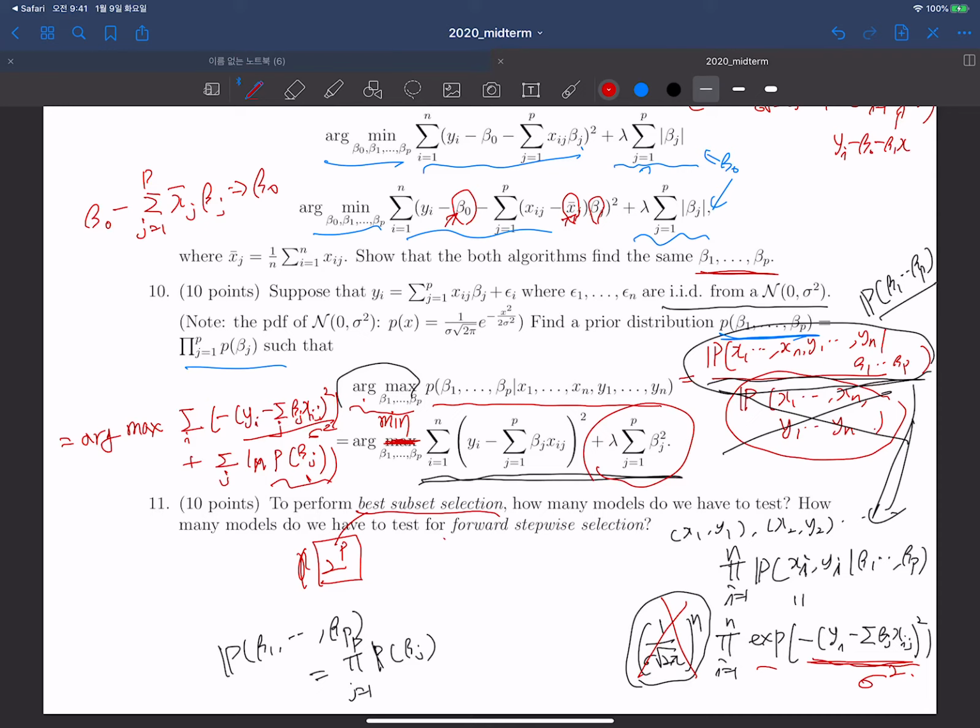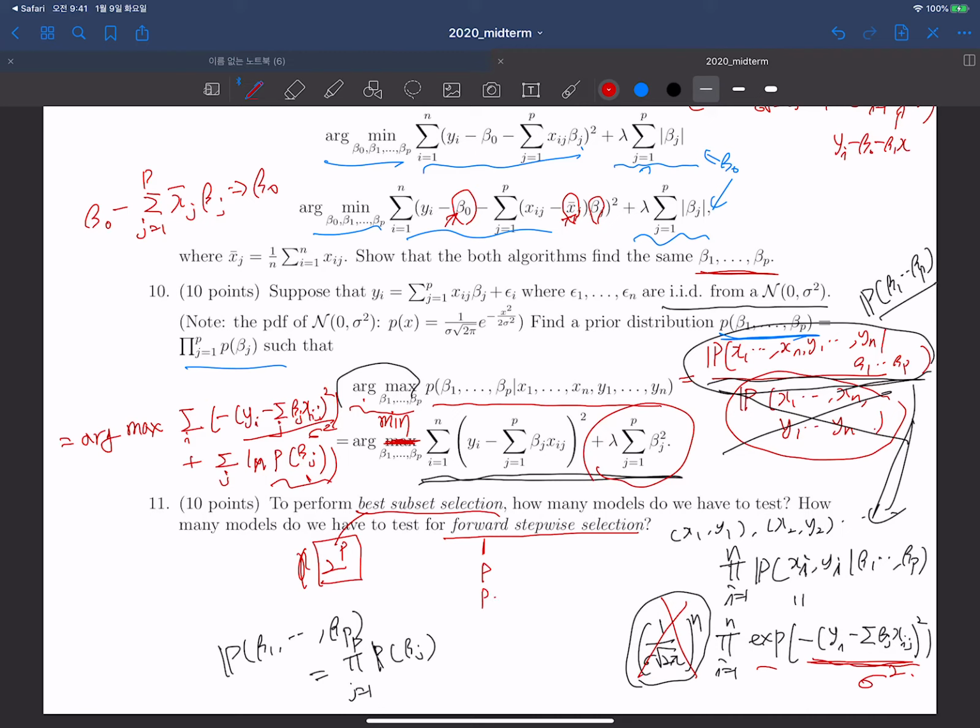But for forward stepwise selection, which is different, you just incrementally test your model. At first, you just test the empty set, and you test the p different single-predictor simple linear regressions. And using the best single-predictor model, you incrementally add one more predictor.